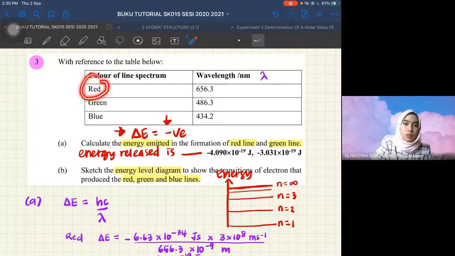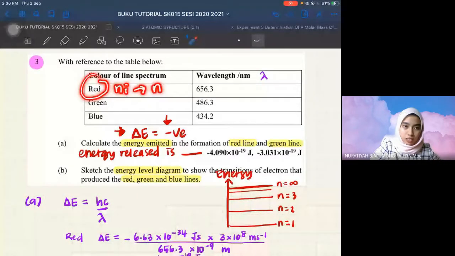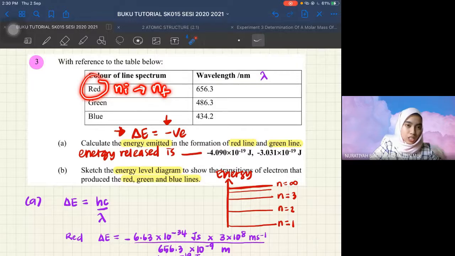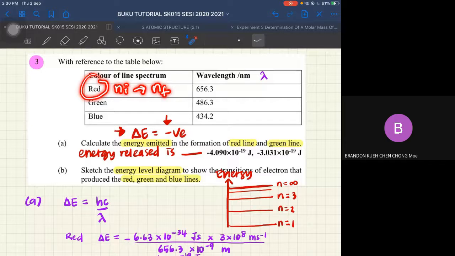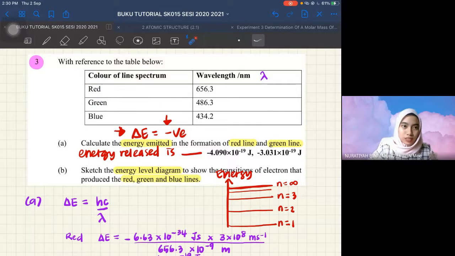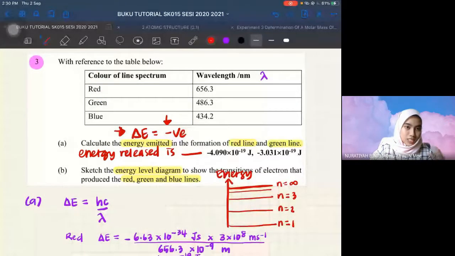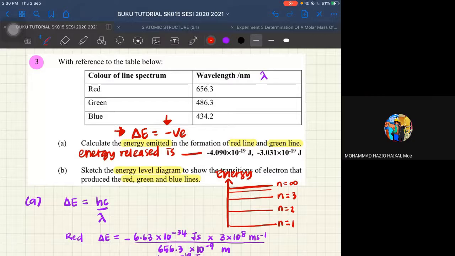The electron will fall from which initial n to which final n? Do we know the final energy level? What series is your line spectrum?